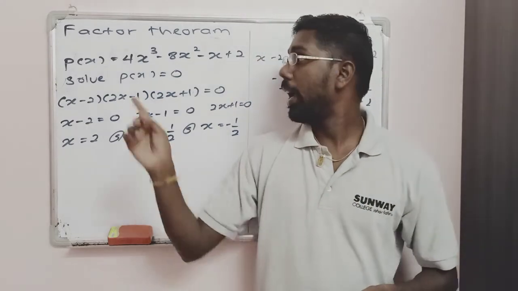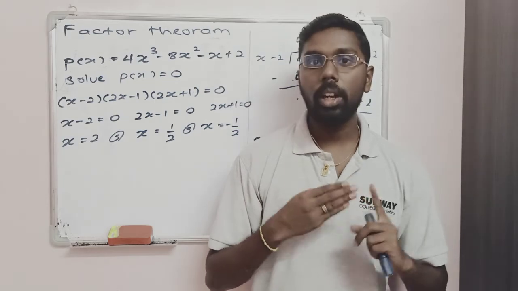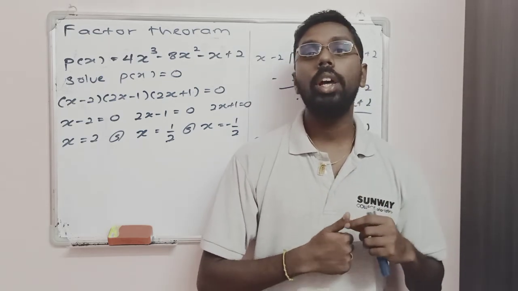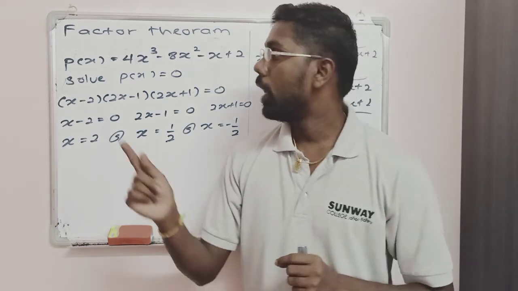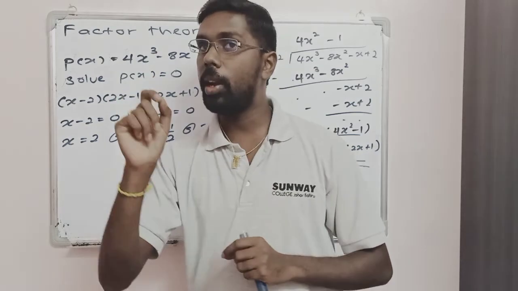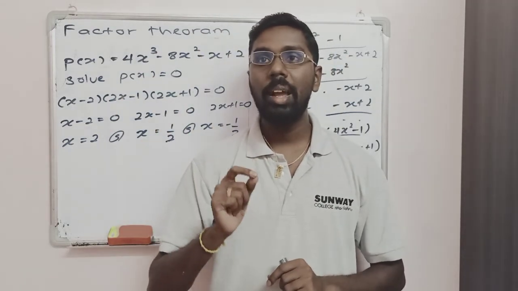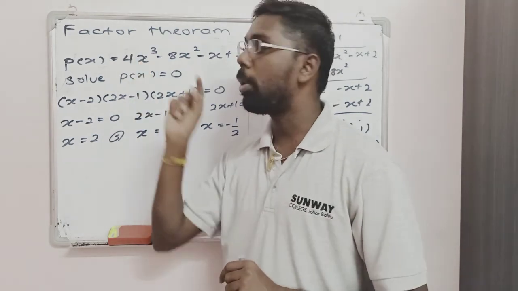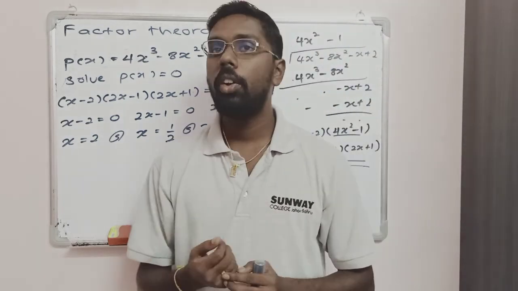If you have x to the power of 4, you must have 4 solutions. They may be real numbers, or they can be non-real or complex numbers. But if the maximum power n is 3, then the number of solutions must be equal to n. So this will be the factor theorem.